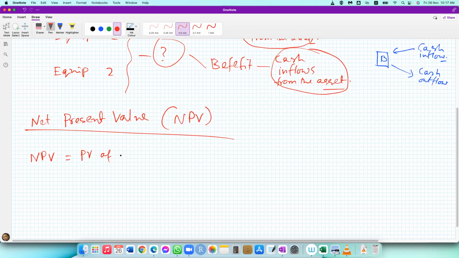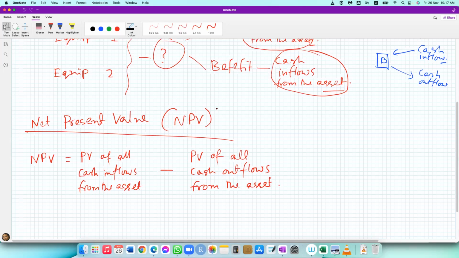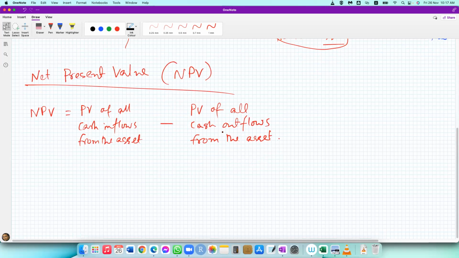Present value of all cash inflows from the asset minus present value of all cash outflows from the asset. Got it? Got it or not?